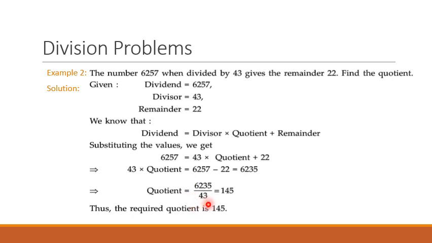So when I divide 6235 by 43, I will get an answer 145. Thus, the required quotient is 145. So in this way, in such problems, you have to use the division algorithm and then substitute the values and find whatever number is not given.